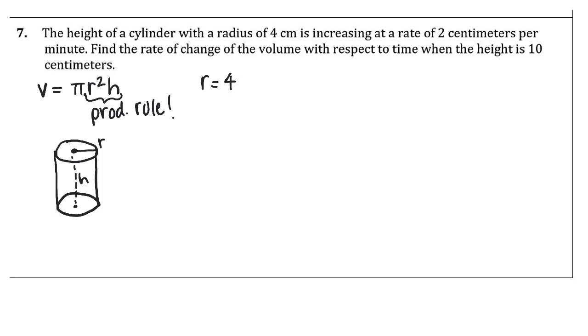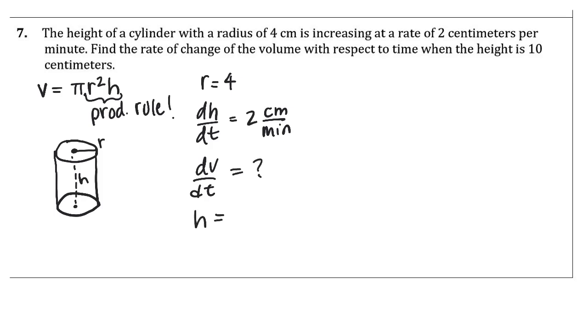We have the height of a cylinder increasing at a rate of, so dh/dt is going to be 2 centimeters per minute. Find the rate of change of the volume, so dV/dt, when the height is 10 centimeters.